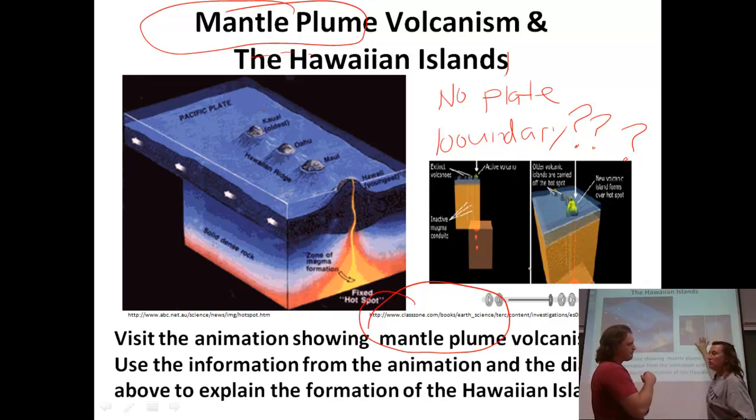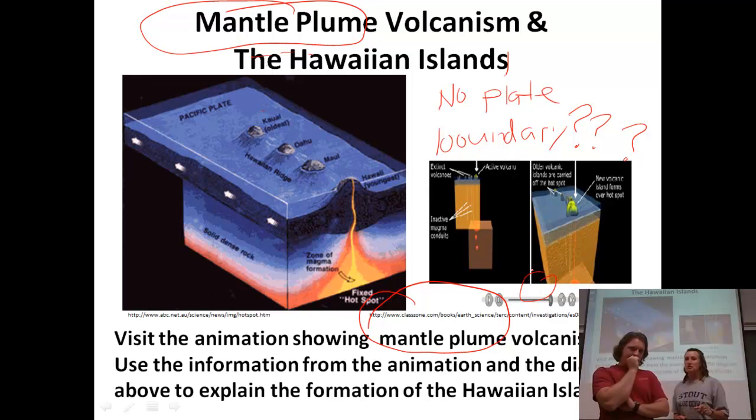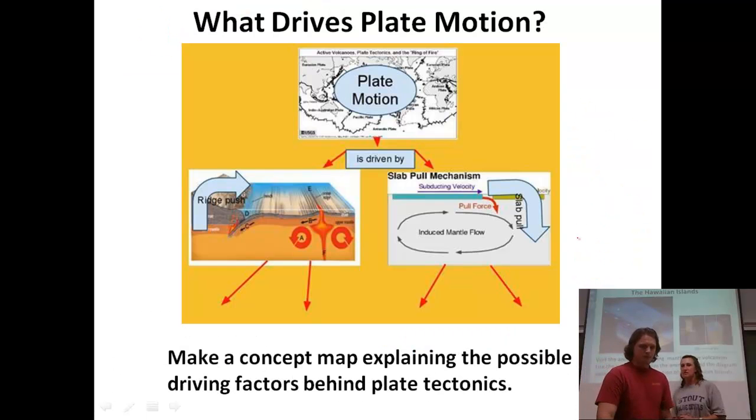So we want you to think about hot spots and about where the magma is generated from, and the fact that this little blue slice on top of it is indicating the Pacific oceanic plate as it's moving over the hot spot. It's not a video, but in this one you hop out to the animation itself and then click through the animation. While you're doing that, you'll want to take a couple of notes on what's happening to form those Hawaiian Islands. You definitely want to write some of that stuff down. Great. All right, so go ahead and hop out. We'll join you in a few minutes.